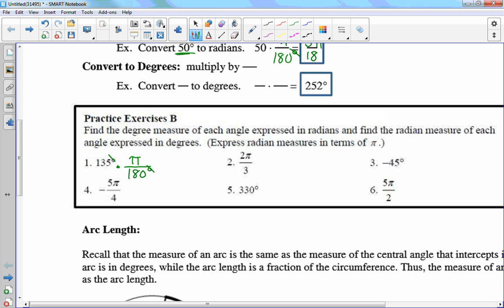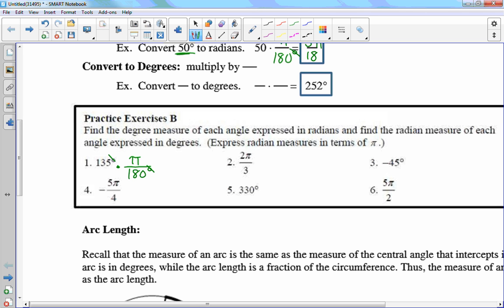135 divided by 180. Math, Enter, Enter. Hunter, type that in, please. 135 divided by 180. Math, Enter, Enter. Gerardo, did you calculate? Did you get that one already?